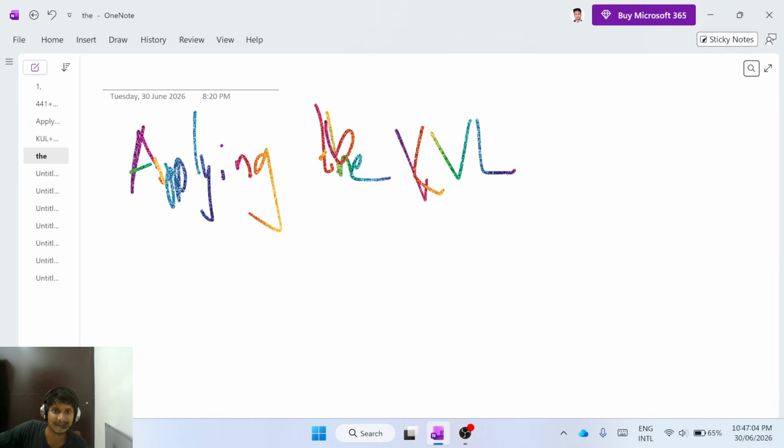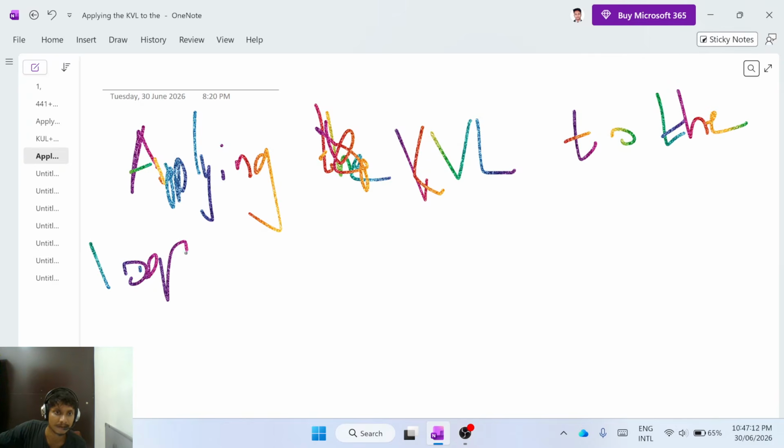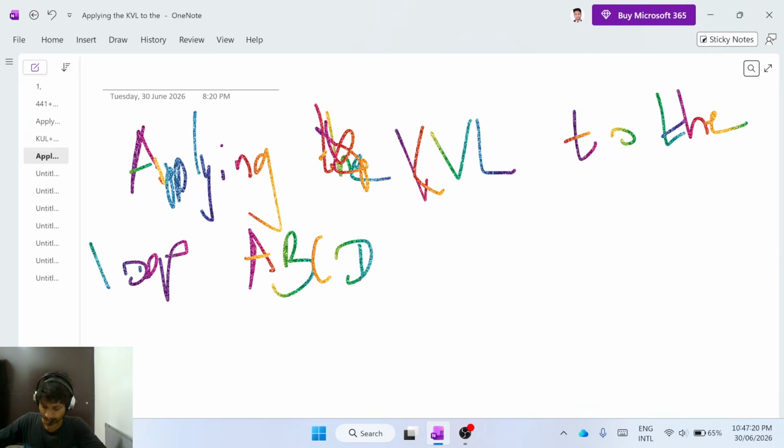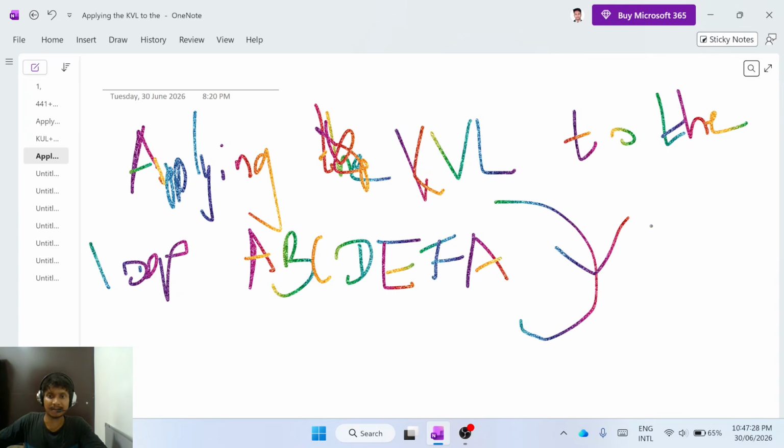Applying KVL to the loop A B C D E F A in the same, right direction.